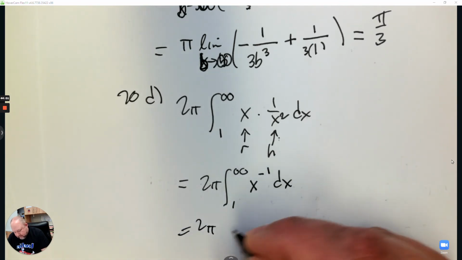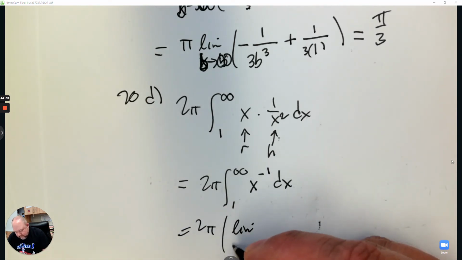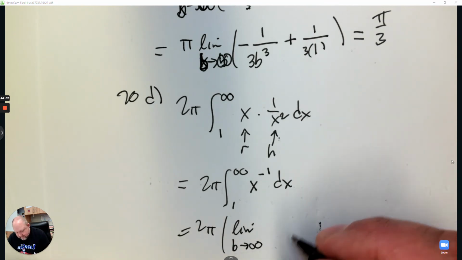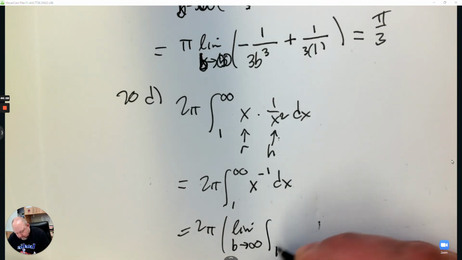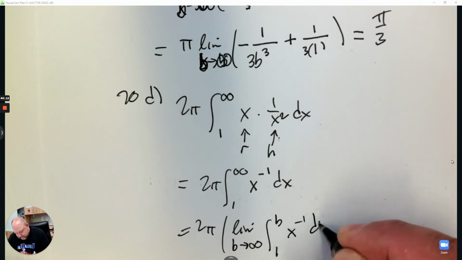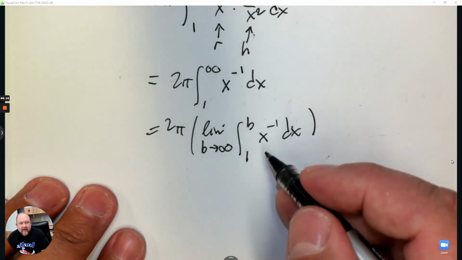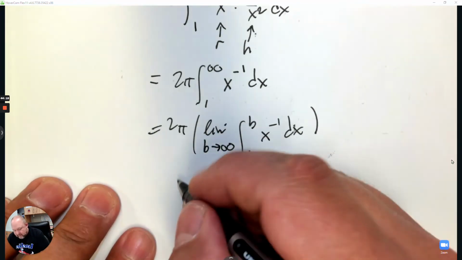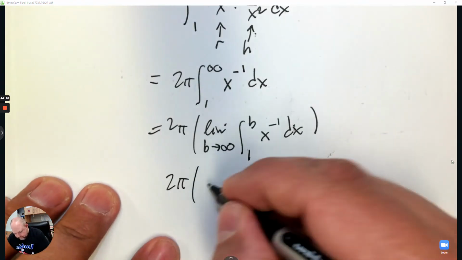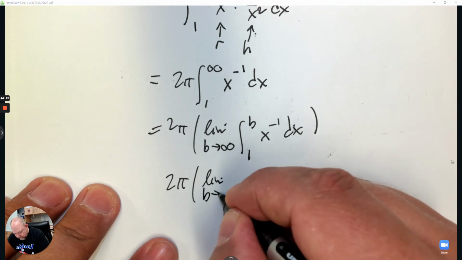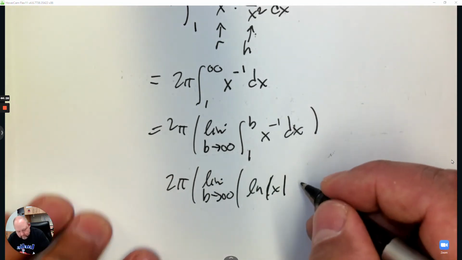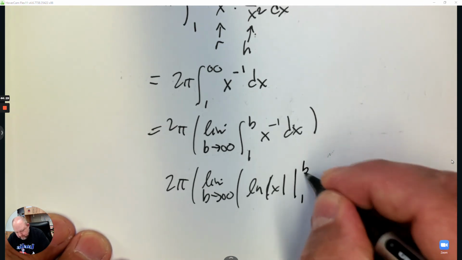This is improper, so we're going to write it as a limit as b approaches infinity. It goes from 1 to b. Now, x to the negative 1, or 1 over x, when you integrate that, that's a logarithm. So that's ln, and that goes from 1 to b.